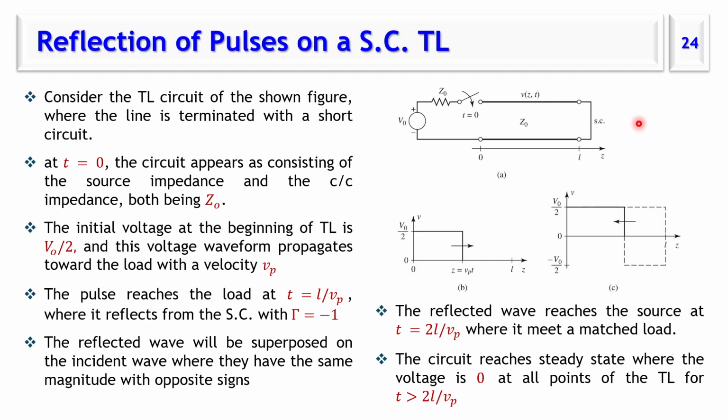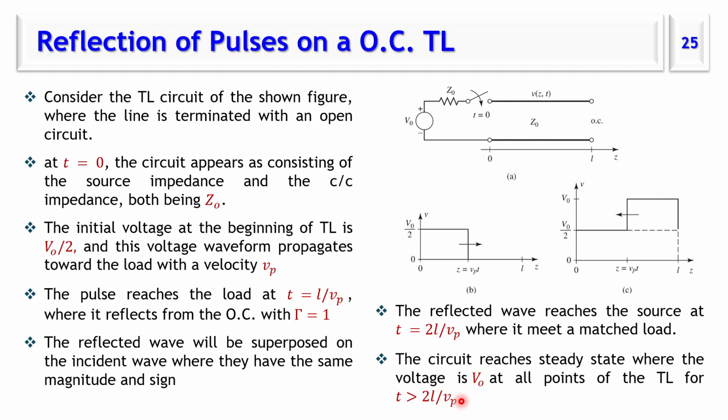After reflection, this V naught over 2 starts to become 0 as the reflected wave is coming, till the reflected wave reaches here. Then we reach the steady state of all the line filled with 0 potential, and this steady state is reached at 2L over VB.